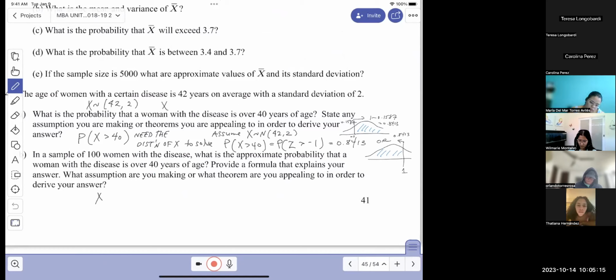So I said X equals age of woman with a certain disease. And then I say, okay, X is normal with mean 42 and standard deviation 2.